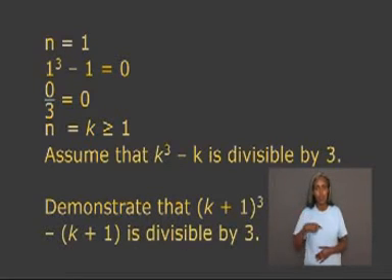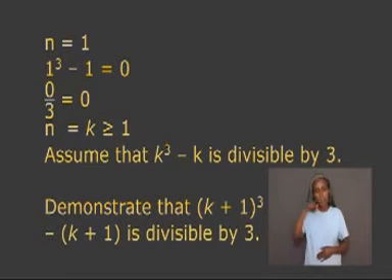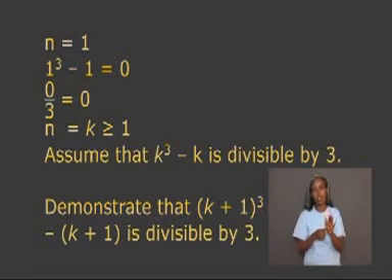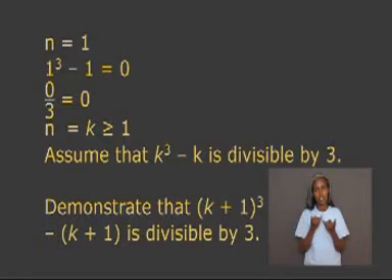We must show that this is also true for n equals k plus 1. Therefore, we must demonstrate that (k plus 1) cubed minus (k plus 1) is divisible by 3.